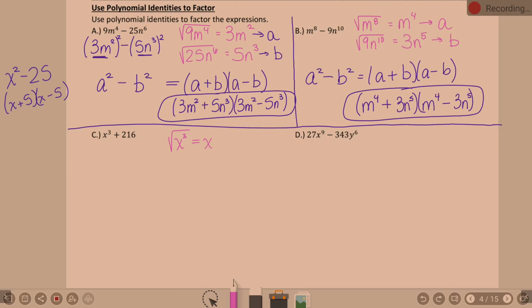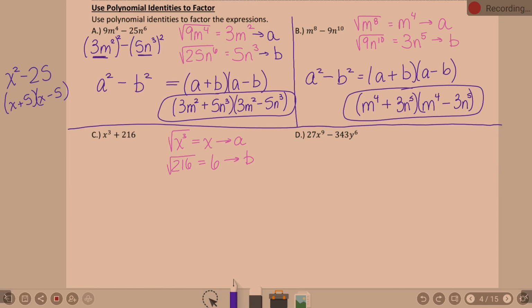X. And so if this is of the form a cubed plus b cubed, every place I see an a, I'm going to replace it with x. Okay? While we're here, what's the cube root of 216? 6. And that's going to go in place of b. Okay?